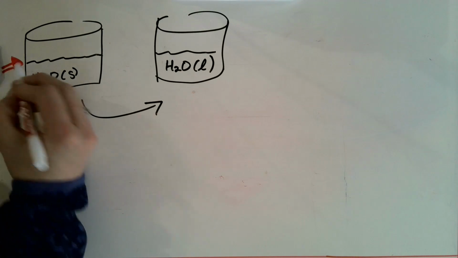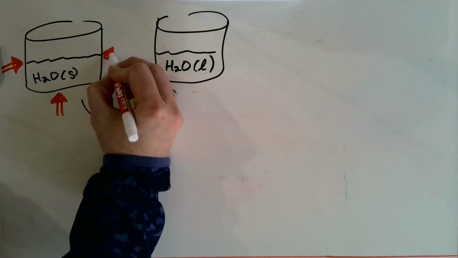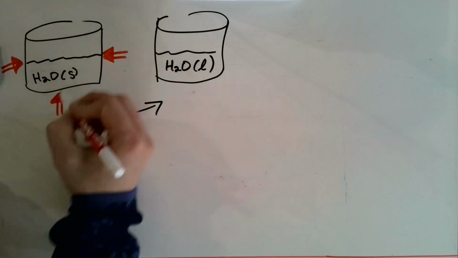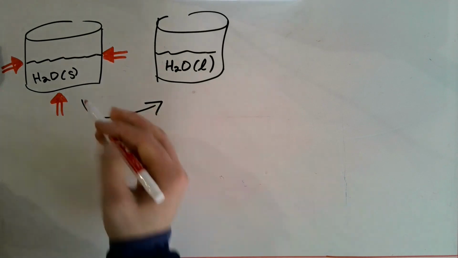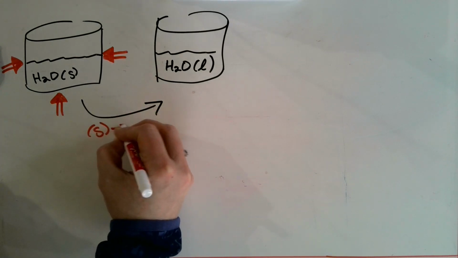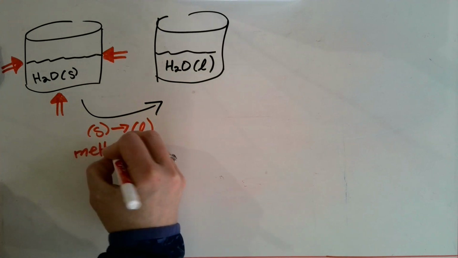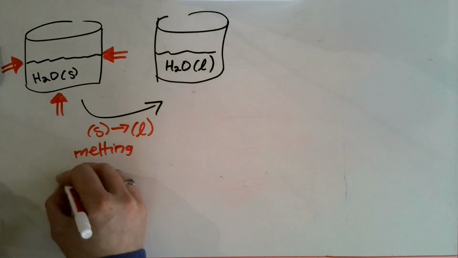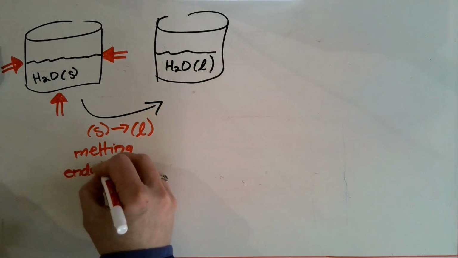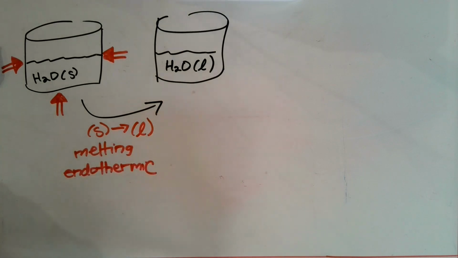So you can put it on a hot plate, you can put it under a burner, whatever you'd like. Either way, you need to add heat to the ice in order to get it to melt. So we're going from a solid to a liquid, and that's melting. And because I'm adding heat, it's endothermic. The direction of the heat flow is into the system.